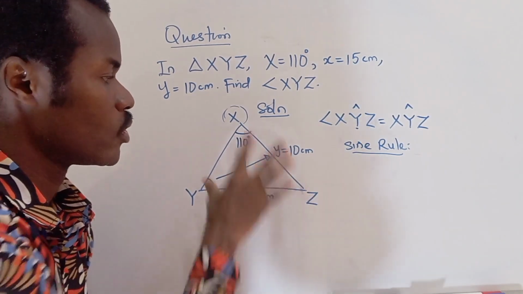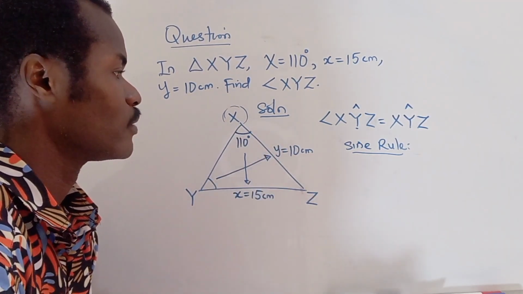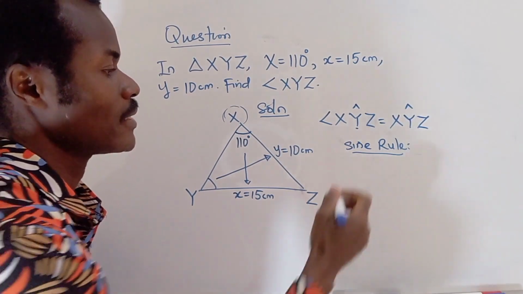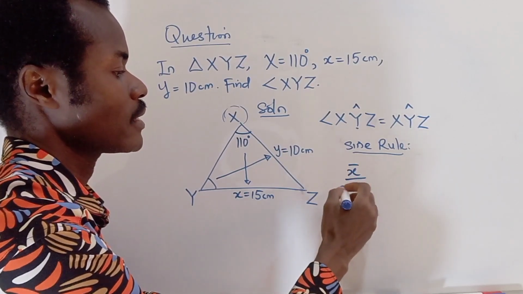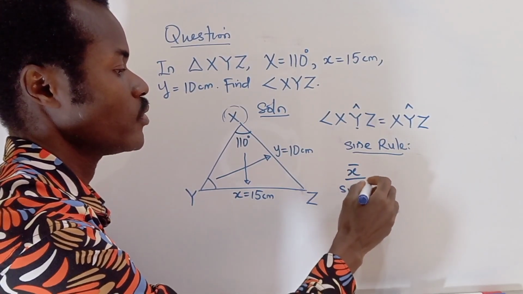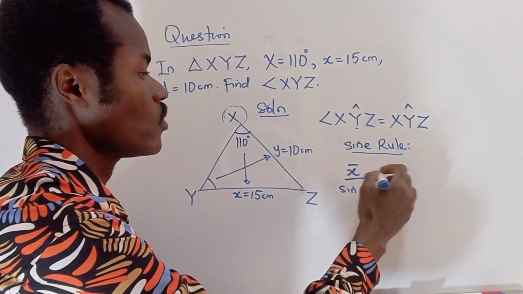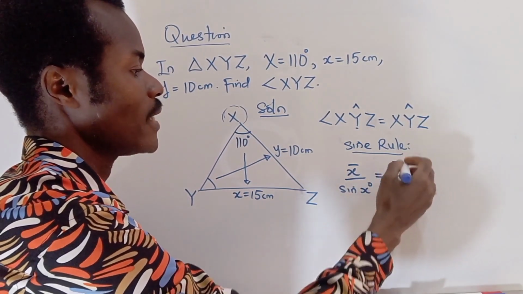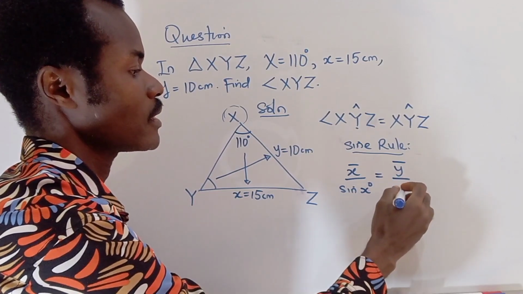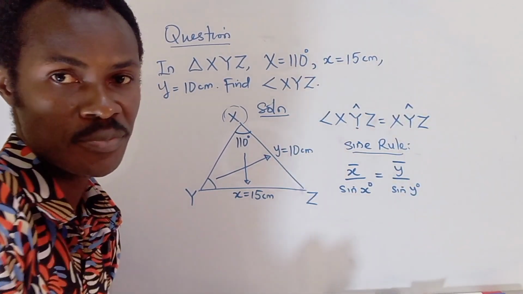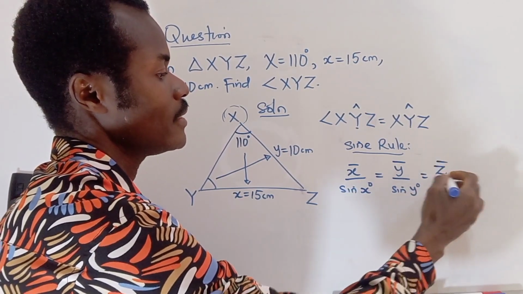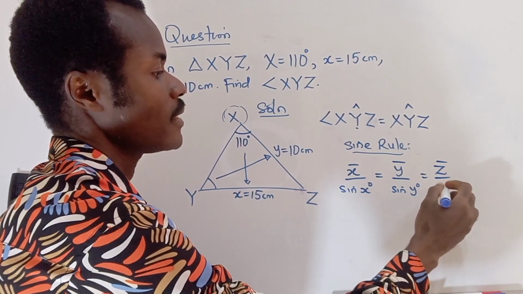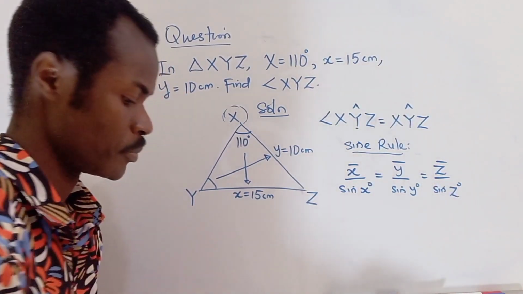For the sine rule, I can simply write that length x divided by sine x degree is equal to length y divided by sine y degree, which is equal to length z divided by sine z degree.